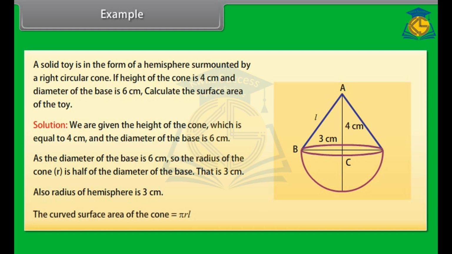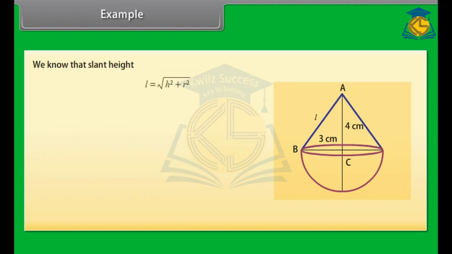The curved surface area of the cone is equal to pi r l. So, now we have to find the value of l, slant height. We know that slant height l is equal to square root of h square plus r square, which equals square root of 4 square plus 3 square, equal to square root of 16 plus 9, equal to square root of 25, equals 5 cm.